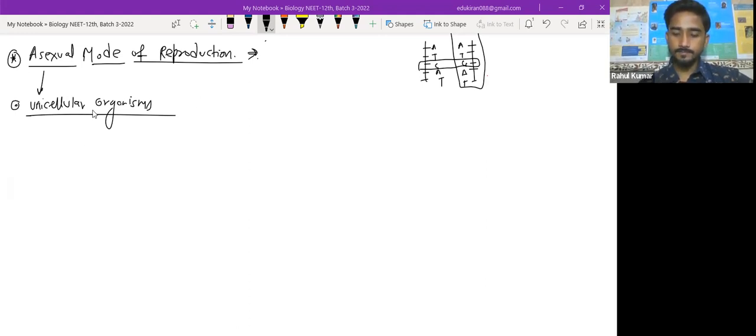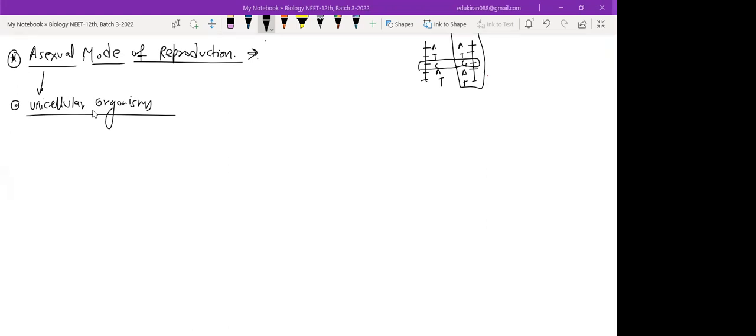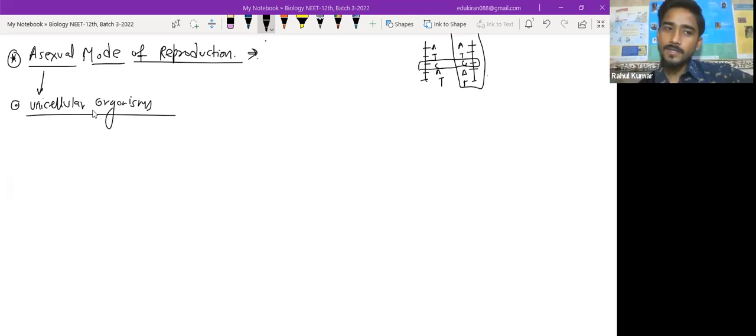Is it clear? Yes, sir. Sir, so do all unicellular organisms reproduce in asexual mode? Yes, all unicellular organisms reproduce through asexual modes.